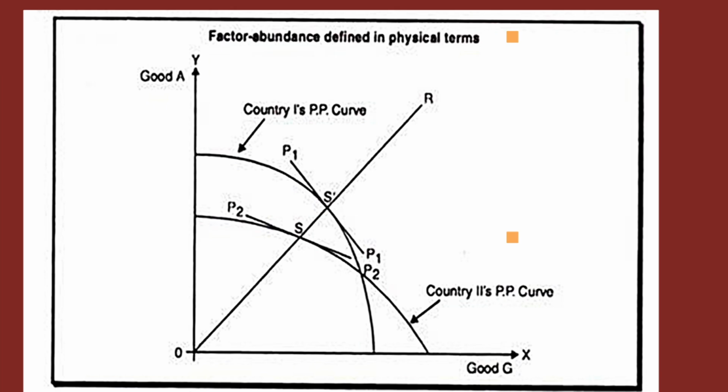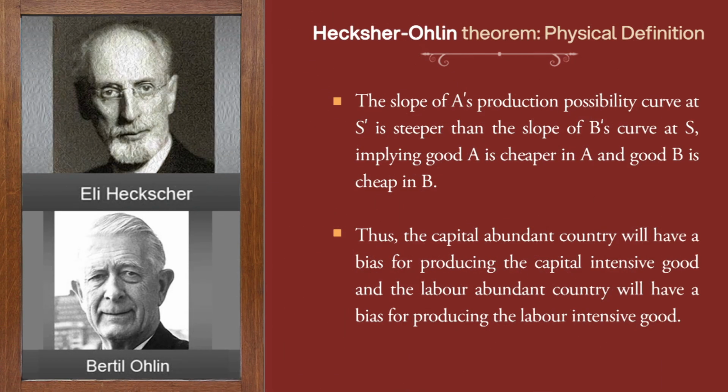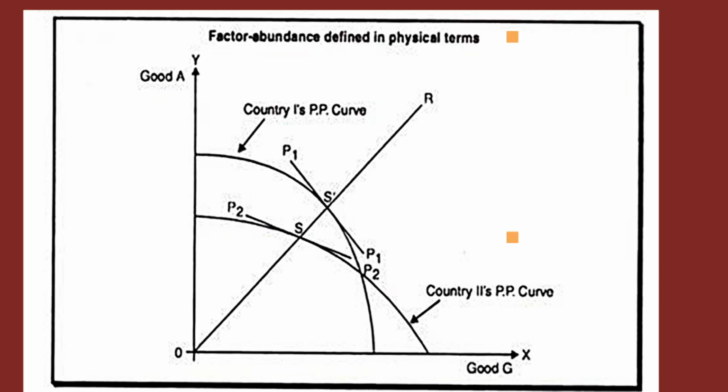Let me repeat: the slope of A's production possibility curve at S dash, that is the producer's equilibrium of country A, is steeper than the slope of B's curve at S, implying that good A is cheaper in A and good B is cheaper in B. So there will be a tendency for the two countries to specialize in these lines of production.